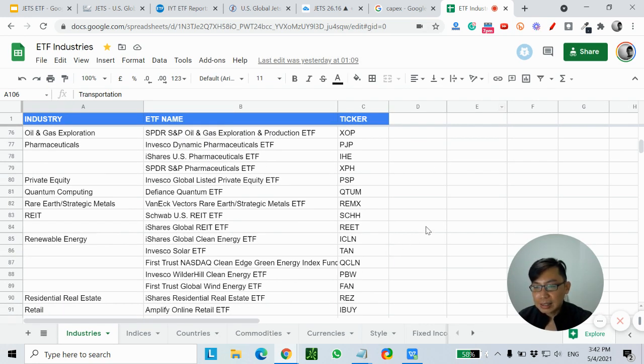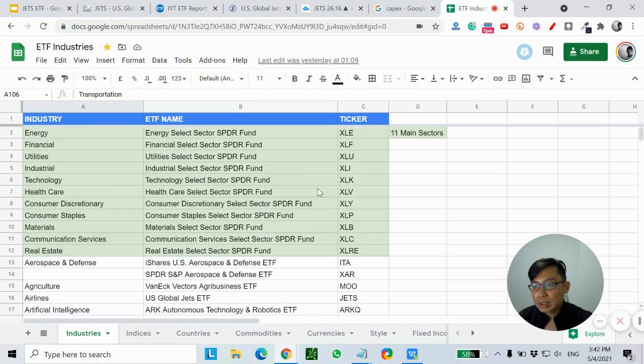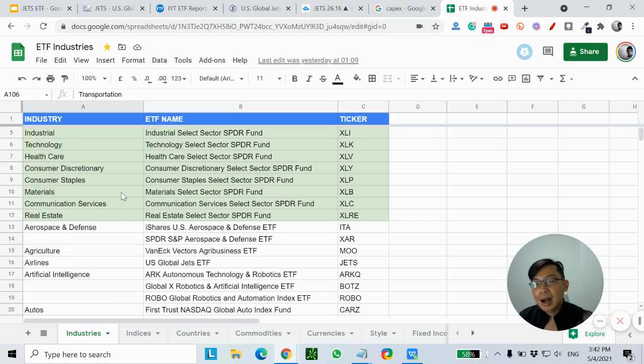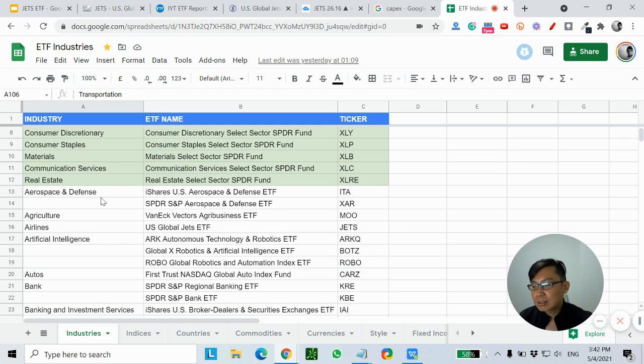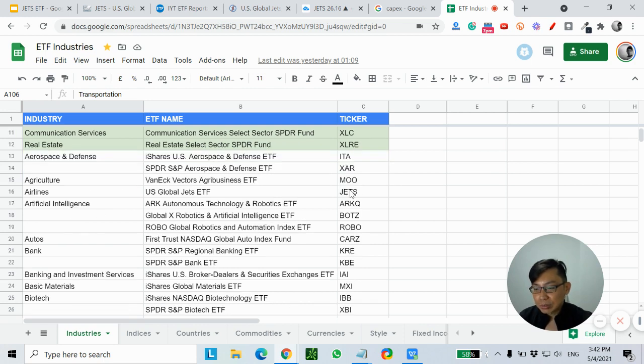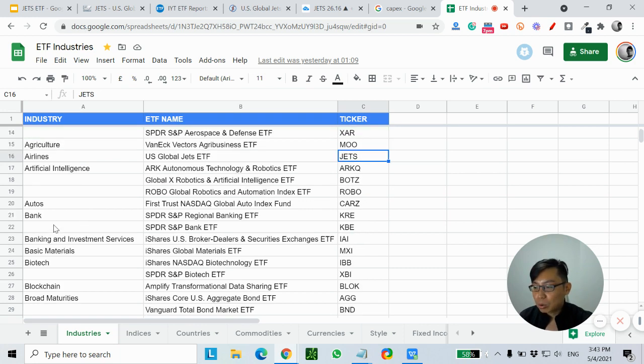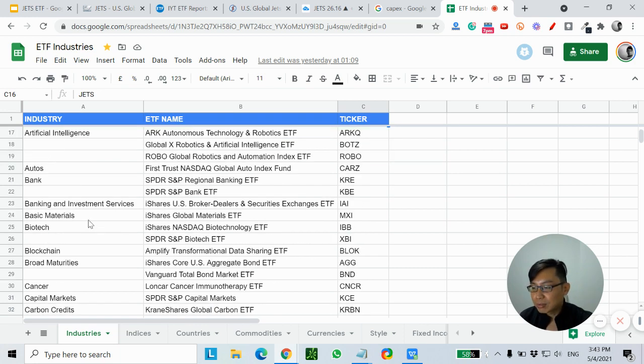I have this ETF list where I curated a number of ETFs. You can see it's sorted according to the sectors and the industry. For example, the 11 main sectors like energy, financial, utilities, industrial, tech, healthcare, discretionary, staples, materials, comms, and real estate. And there are other subsectors, or what I call the industry, for example aerospace, defense, agriculture, airlines, which is inside over here, JETS, artificial intelligence, auto, banks, banking and investment services, biotech.